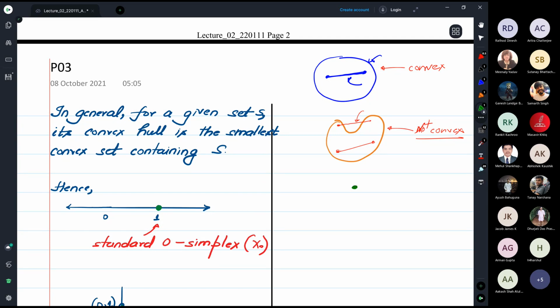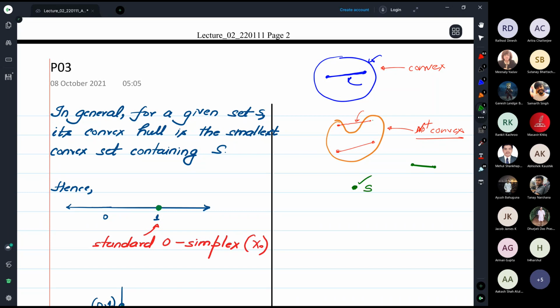The answer is yes, it is convex, because to verify convexity we need 2 points, and here you don't even have 2 points, so you cannot construct lines in this fashion. So the convexity condition is satisfied trivially. That's why this set which only consists of 1 point is convex.